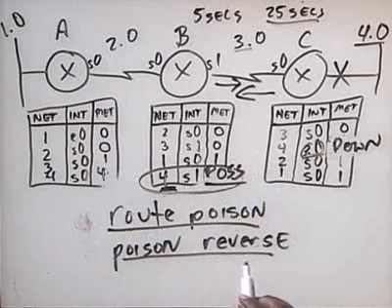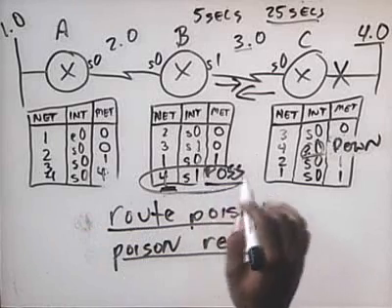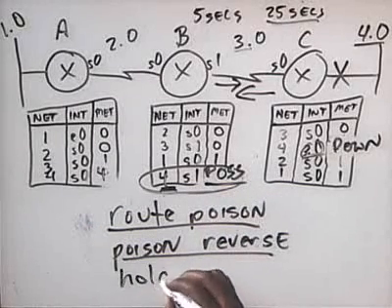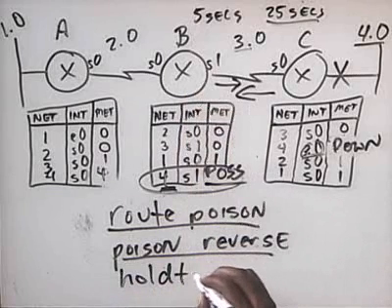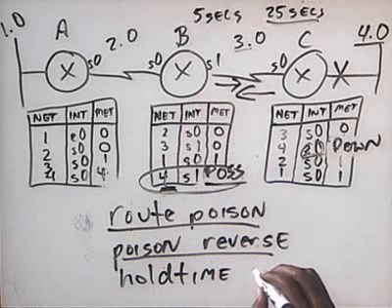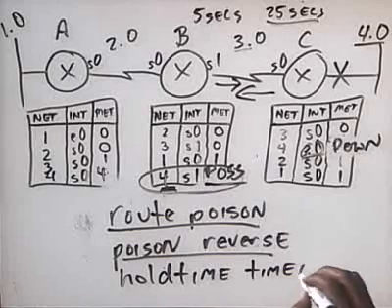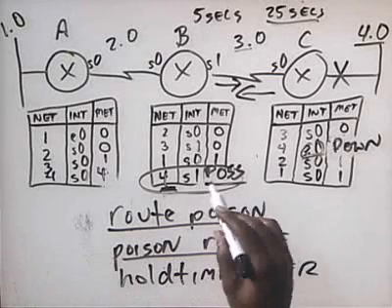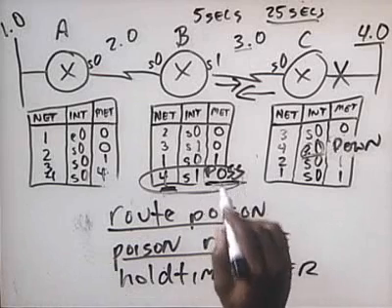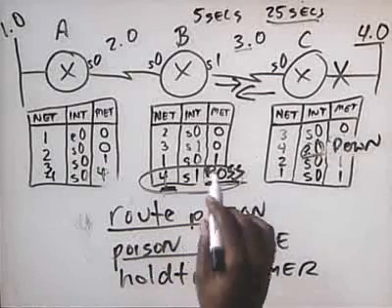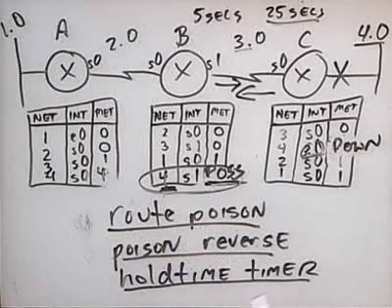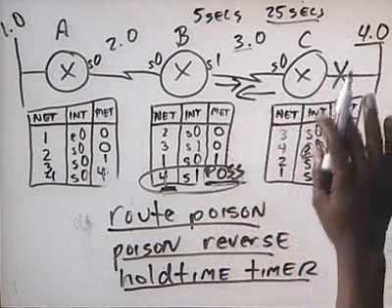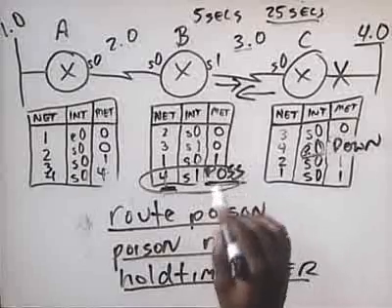In the meantime, when this takes place, where I put possibly down in the routing table here, I start on router B what's called a hold down timer. That hold down timer begins to tick as soon as I have this possibly down state. As soon as I've received this route poison, I begin a hold down timer that allows the network to stabilize before reinstating that route.